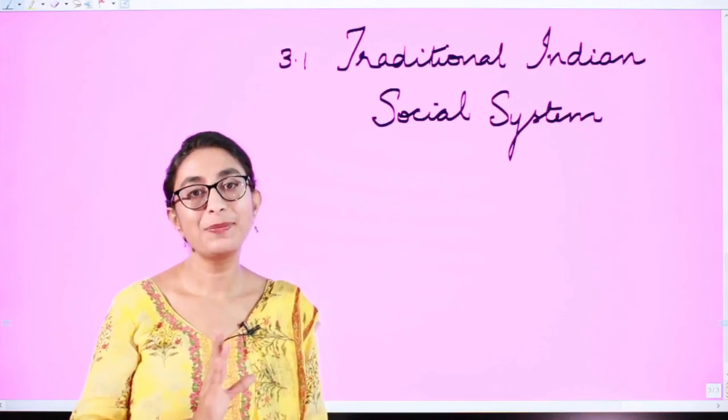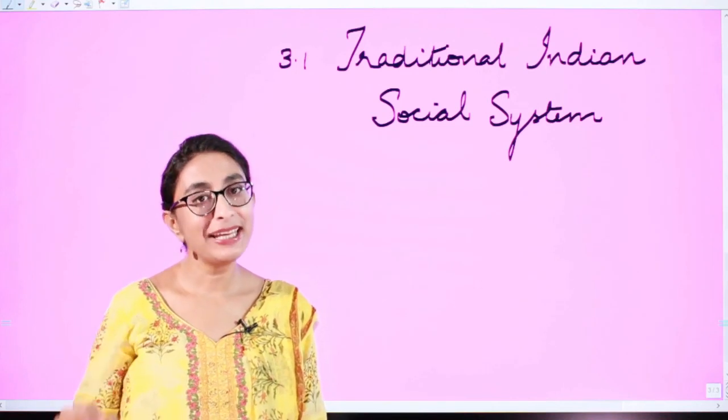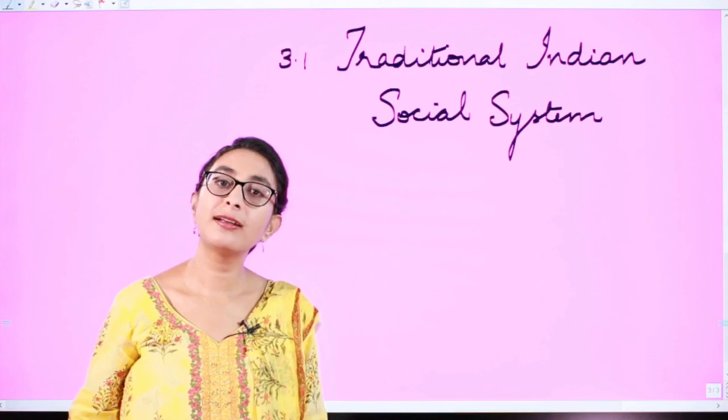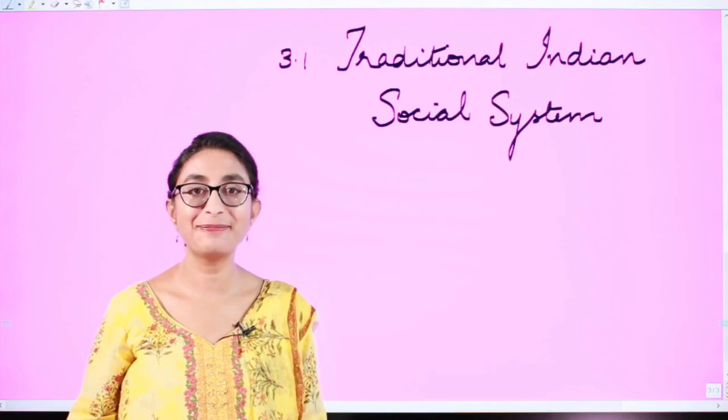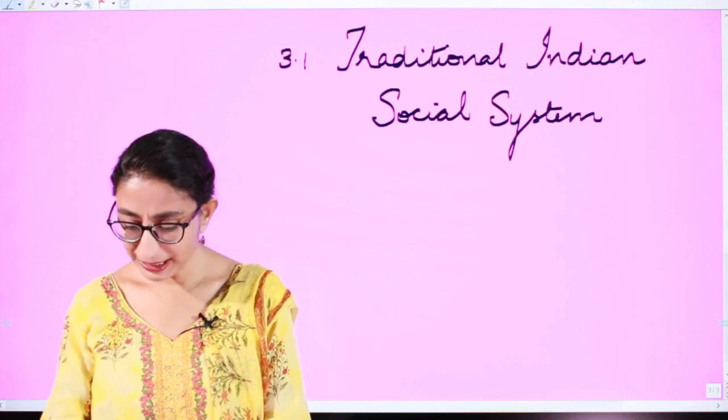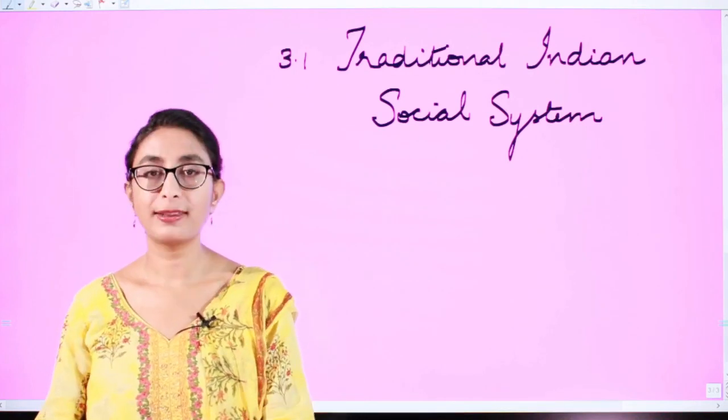Okay, so I hope this is clear, right? So when we mean Indian social system in anthropological perspective, we are referring to the Hindu social system. So here we will be studying topics like Purushartha.